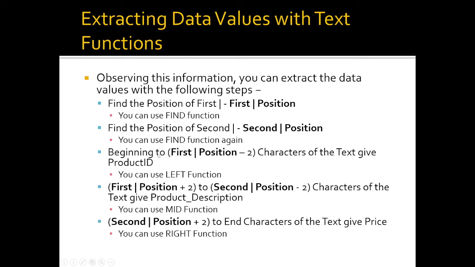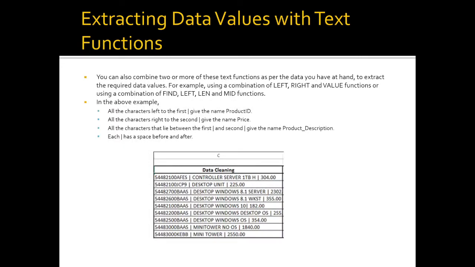The characters from the beginning of the text up to the first vertical bar give product ID, so you can use the left function. First position plus 2 to second position minus 2. So this is what we're referring to.